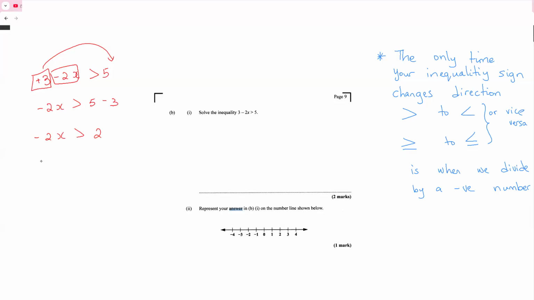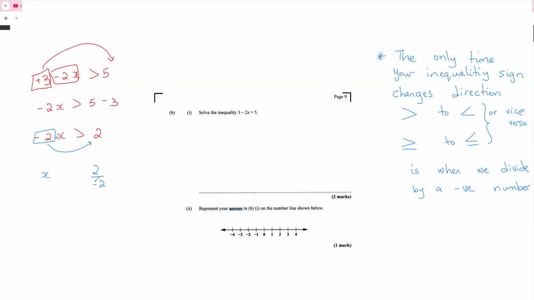So look at this. I have negative 2 here. When I carry this across, this negative 2 was multiplying. So when it goes across, you're going to be dividing. So I'll be dividing by a negative number.